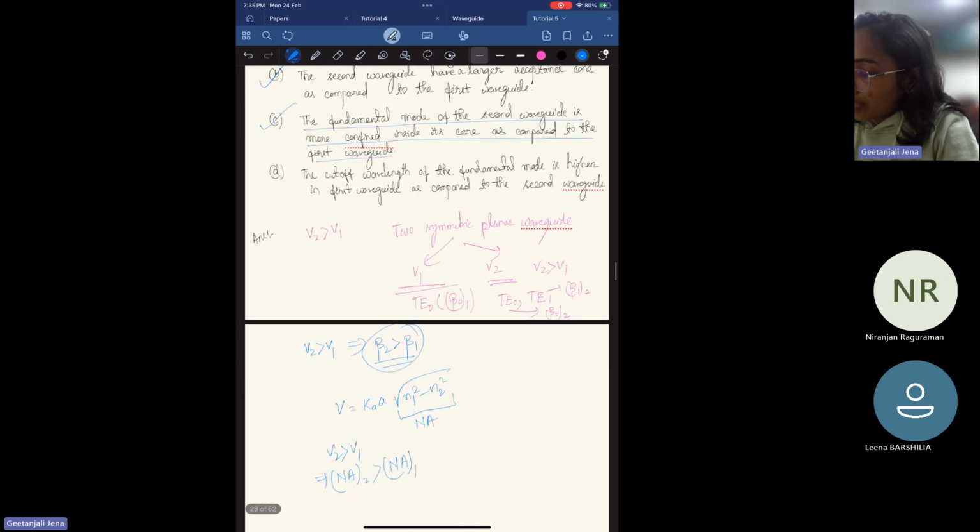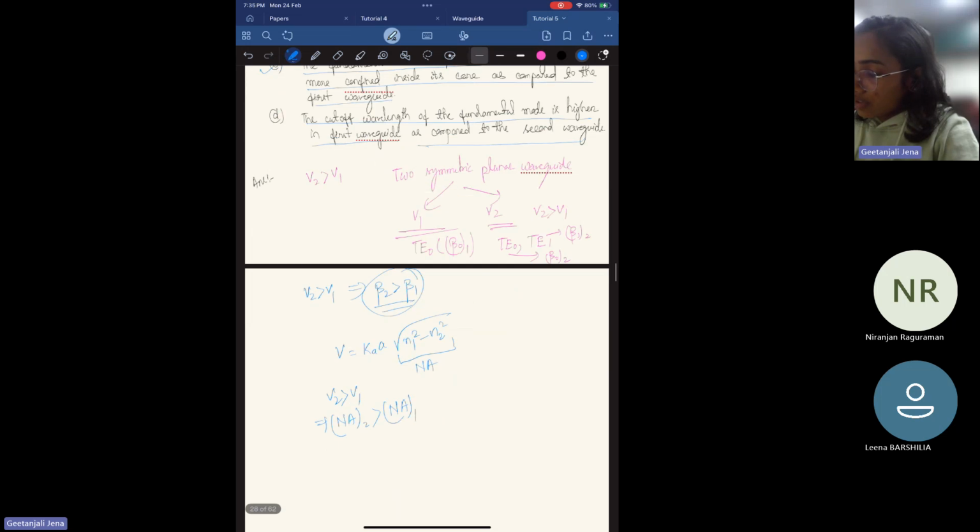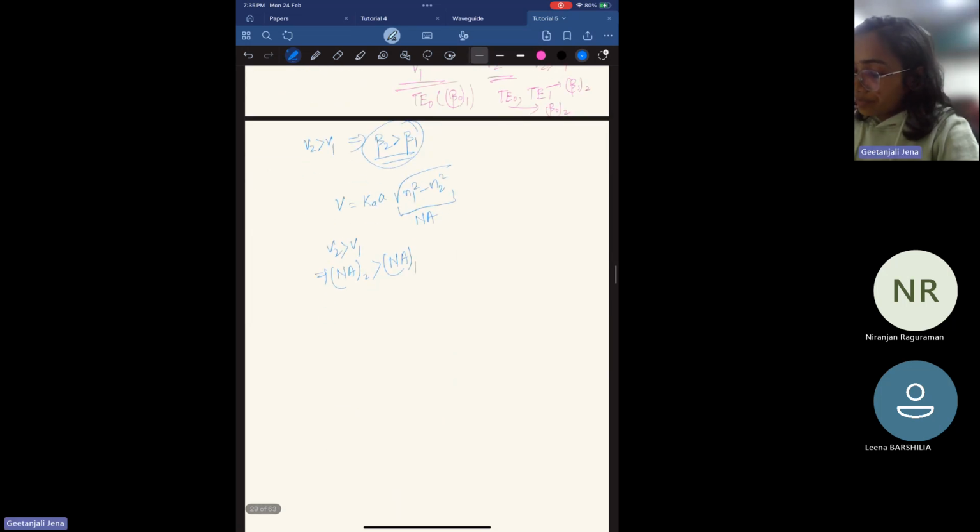The last option is the cutoff wavelength of the fundamental mode is higher in the first waveguide as compared to the second waveguide. Cutoff wavelength of the fundamental mode. But if we recall the graph, the fundamental mode, that is the TE0 mode, starts from 0 and diverges at the value pi by 2.